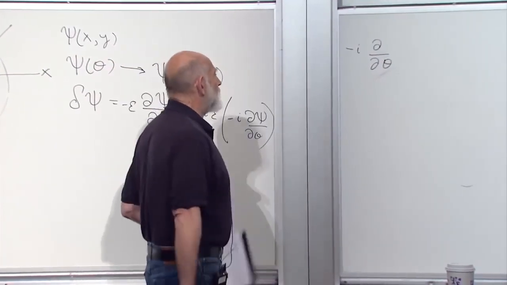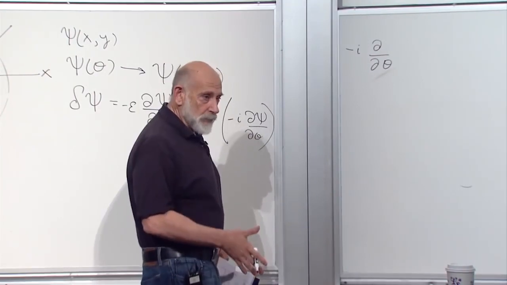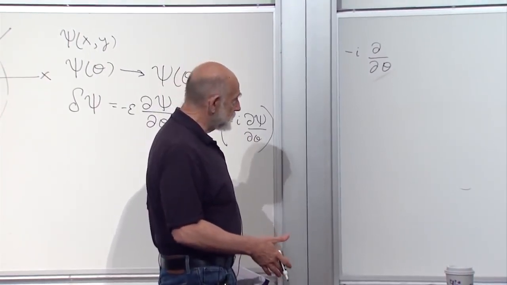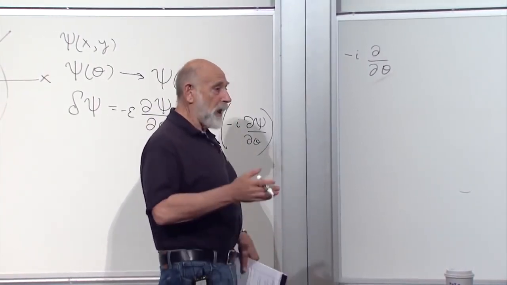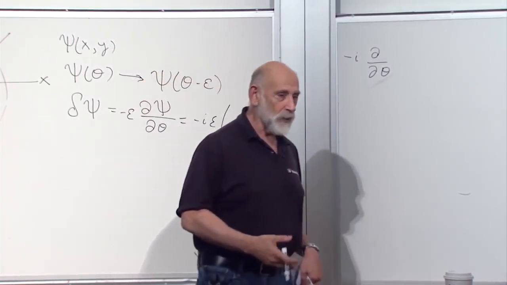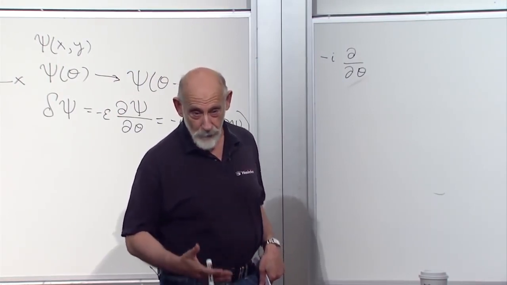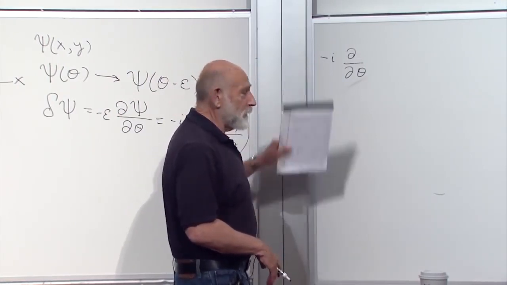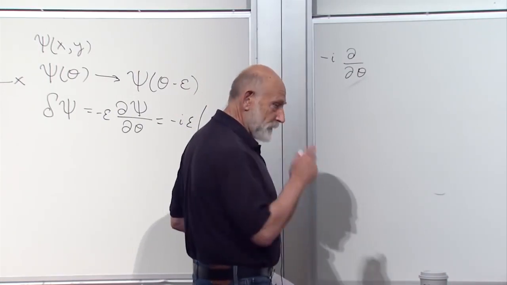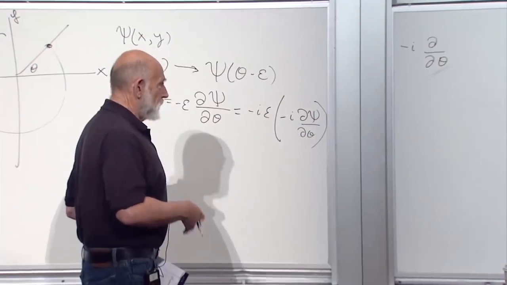Okay, but minus i d by d theta is a Hermitian operator. You may be surprised that it has to have an i in front of it for it to be Hermitian. After all, Hermitian is the analog among operators of being real. But I guarantee you that i has to be there. Go back in your notes to the study of momentum, and you'll find out why.